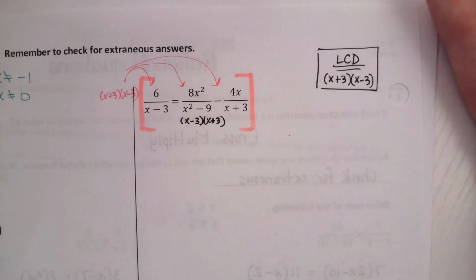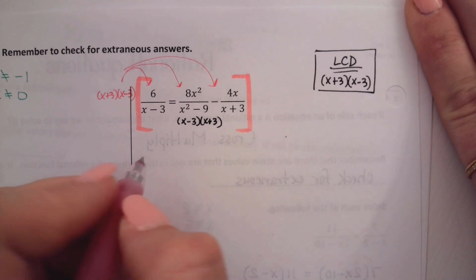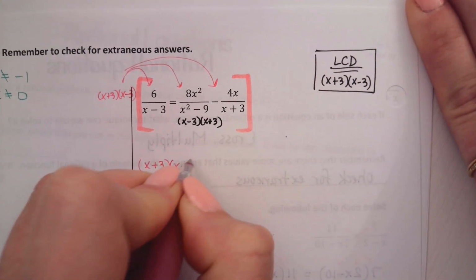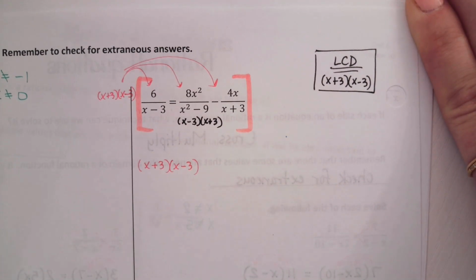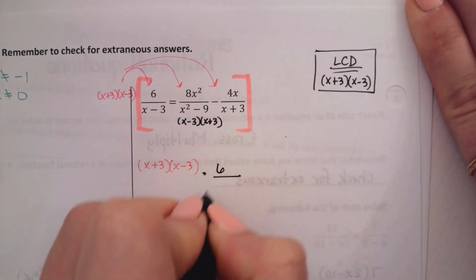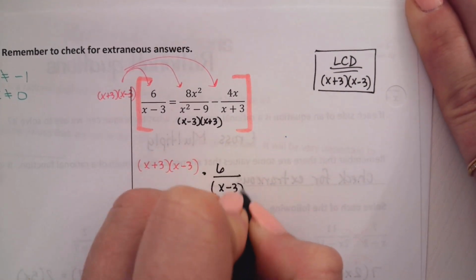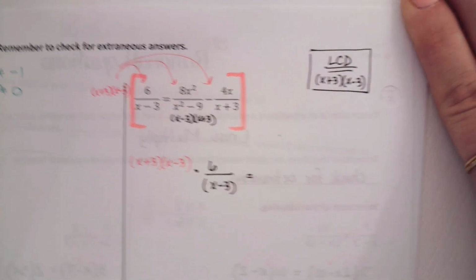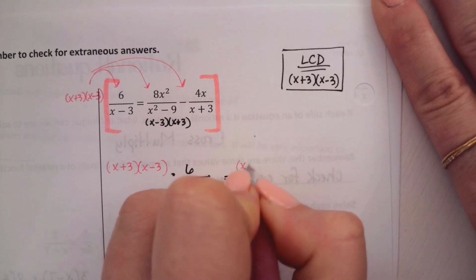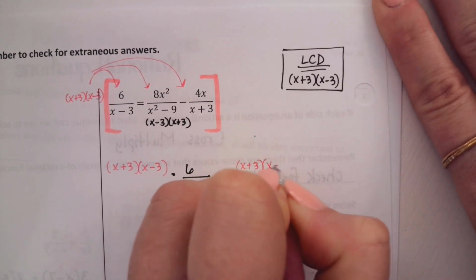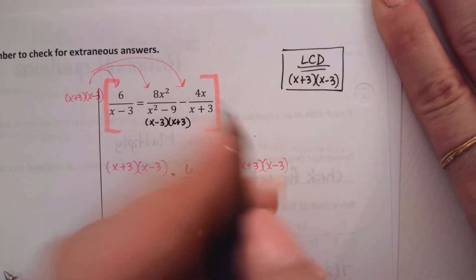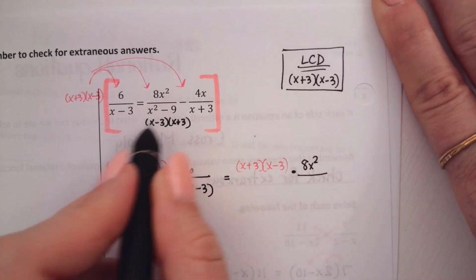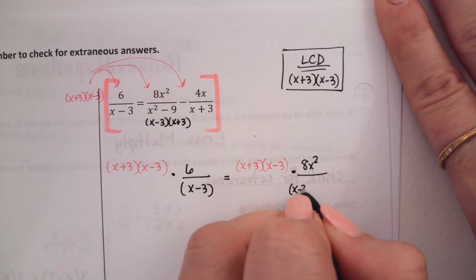So let's see, we'll start with the LCD, x plus 3, x minus 3, times the first fraction, 6 over x minus 3. And we have an equal sign, and we'll have that same LCD times the 8x squared over x minus 3 times x plus 3.